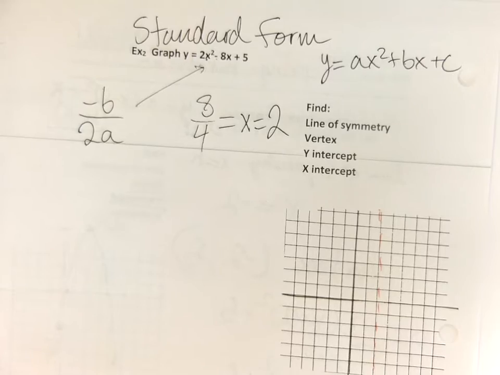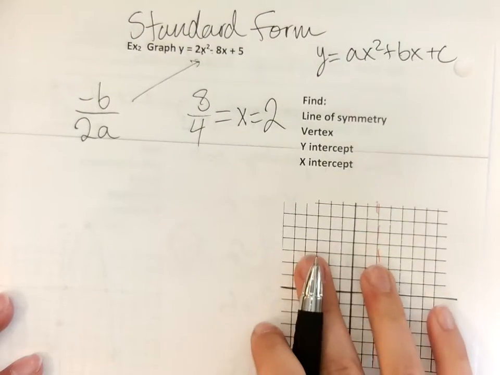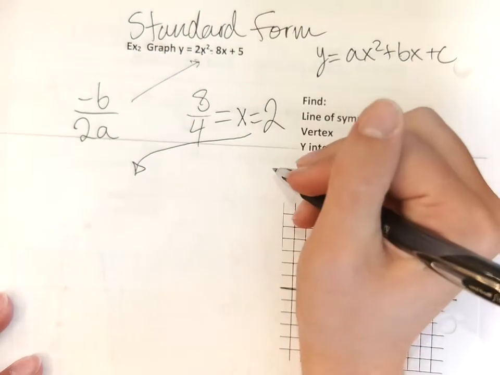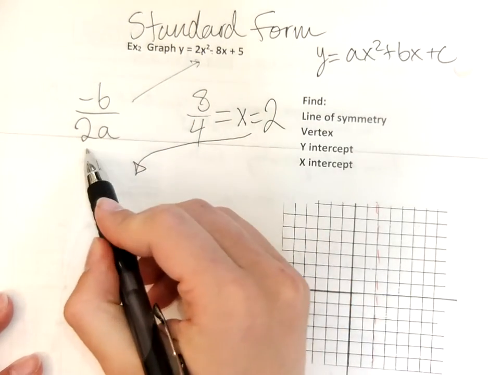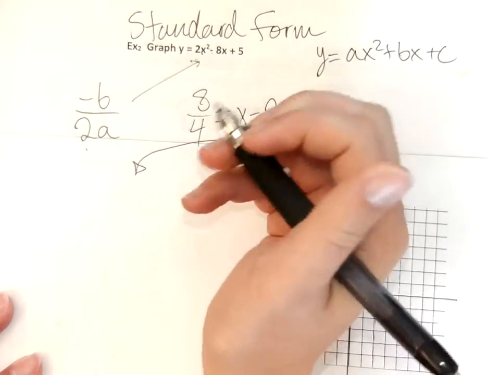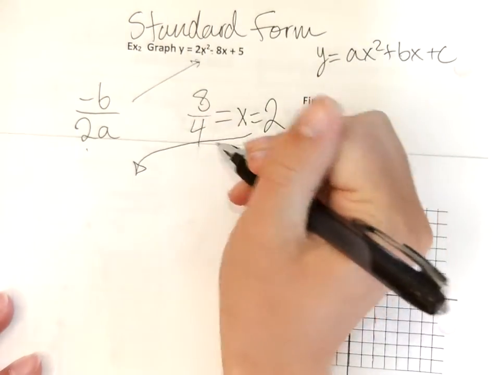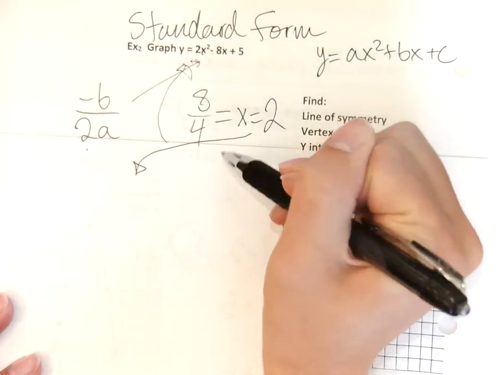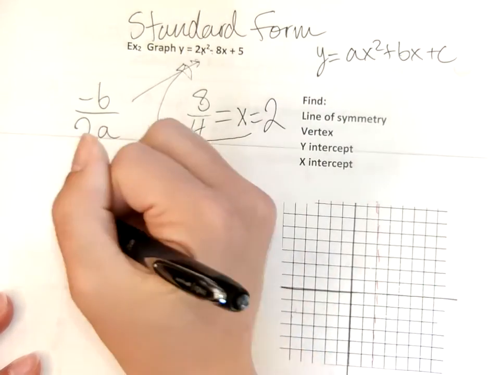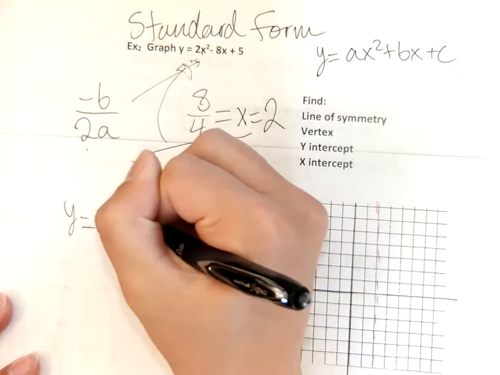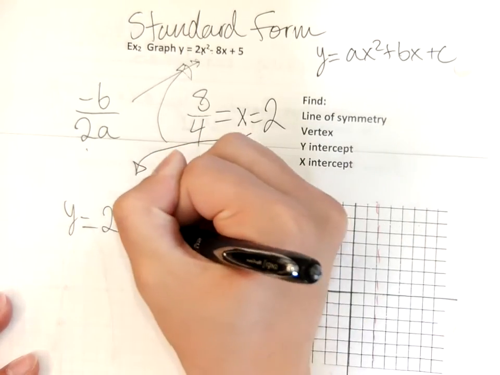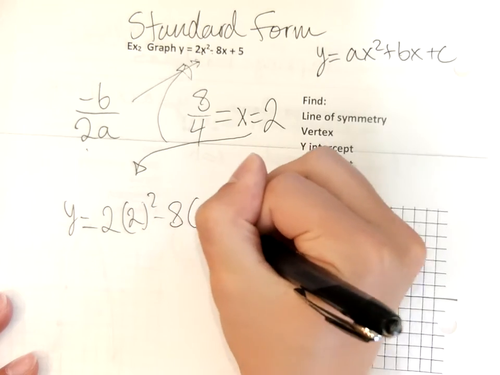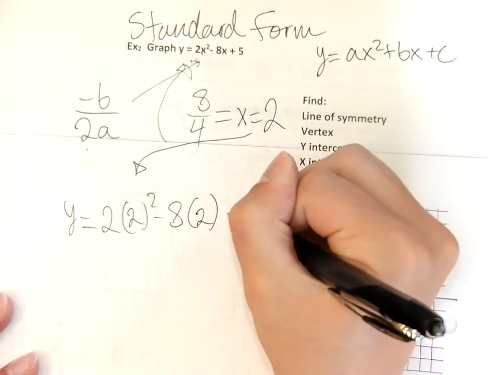And then for the vertex in standard form, you plug in the x value you get from negative b over 2a, and you plug that into your first equation. So you have y equals 2 times 2 squared minus 8 times 2 plus 5.